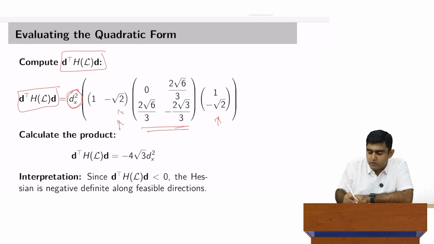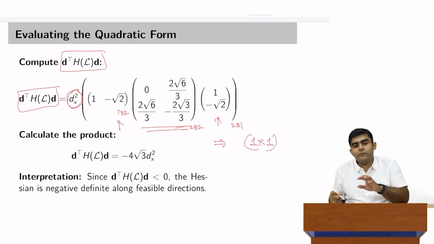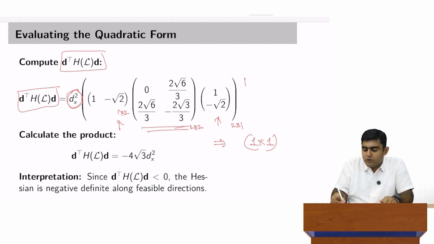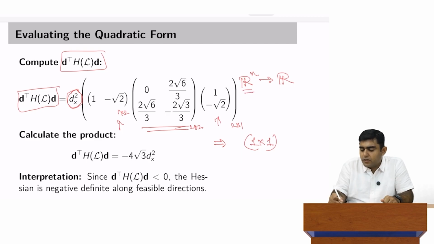So, this is 1 cross 2, this is 2 cross 2, this is 2 cross 1. When we multiply all of these together, our end result is of size 1 cross 1. If you recall, in one of the earlier slides, I was also referring to this notation as a map from an n-dimensional real space to a scalar real field, and this is exactly what we are achieving here.